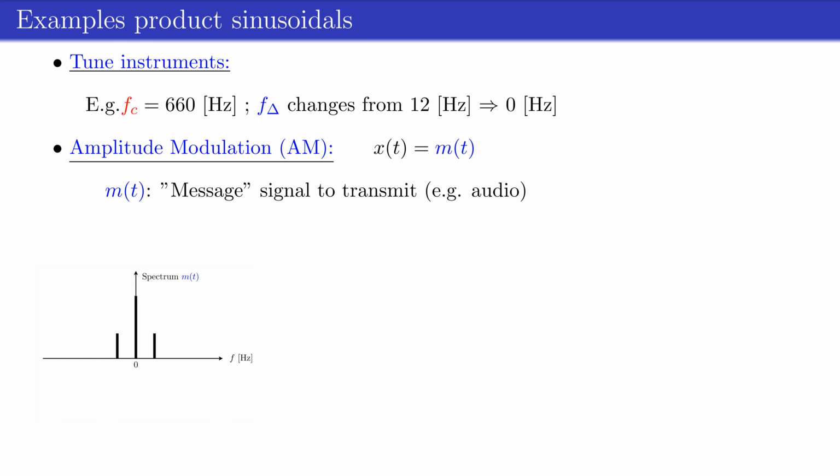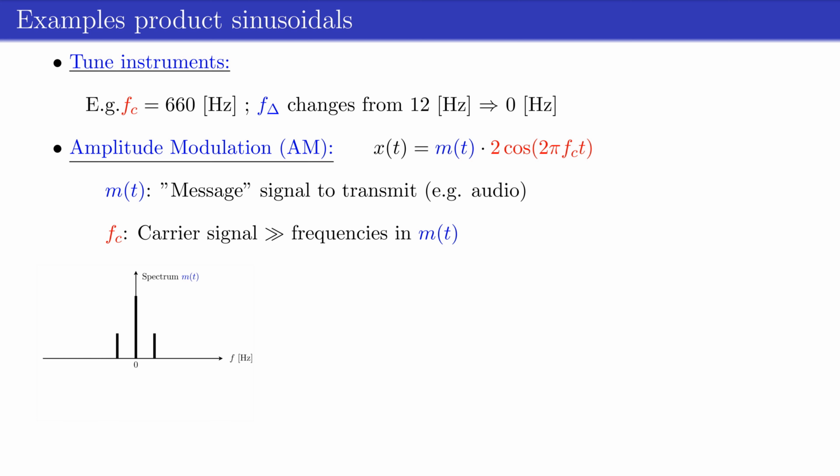In practice, the message signal m(t) consists, for example, of audio, which contains frequencies up to a maximum of 20 kHz. When signal m(t) needs to be transmitted over a long distance, it is typically modulated with a carrier frequency f_c, which is much higher than the frequencies of signal m(t).